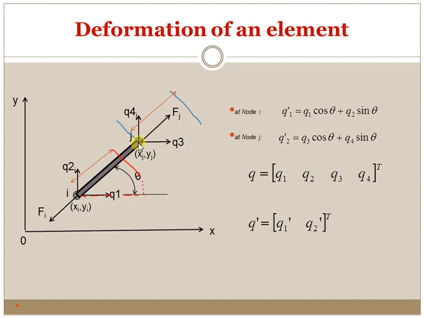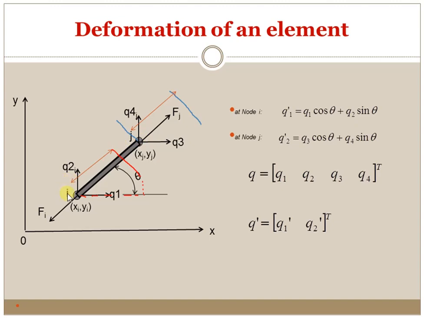It has only one dimension and 2 degrees of freedom at each node. It means if you want to define node i, it should have two coordinates, an x coordinate and a y coordinate. So at the first node it has 2 degrees of freedom, and also at node j it has 2 degrees of freedom.